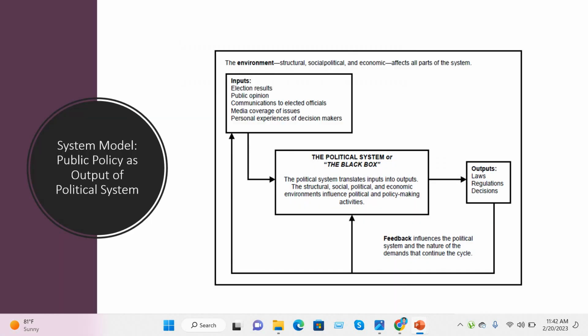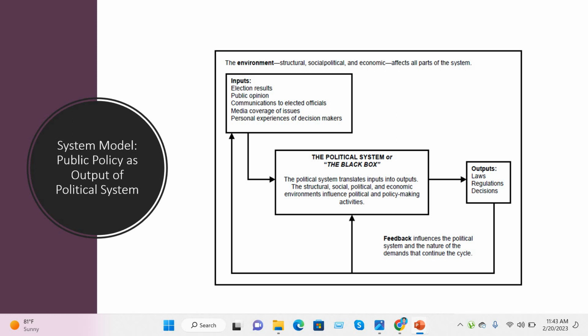This is the system model that was created by David Easton. Here we can see some important elements, like the environment, which is structural, socio-political, social, political, and economic, and affects all parts of the system.